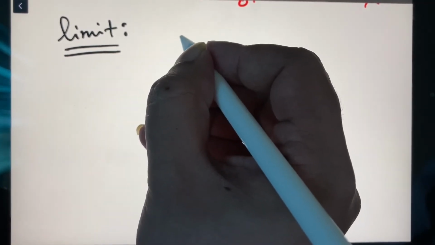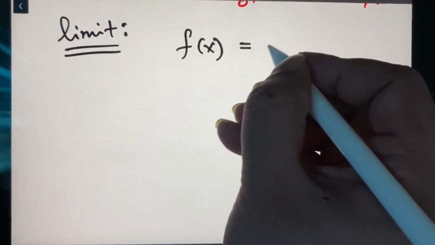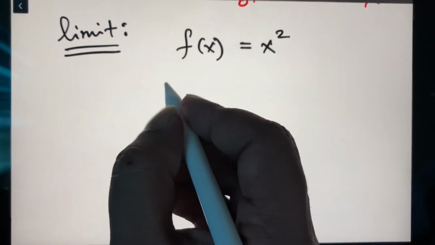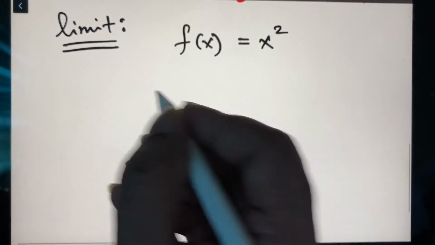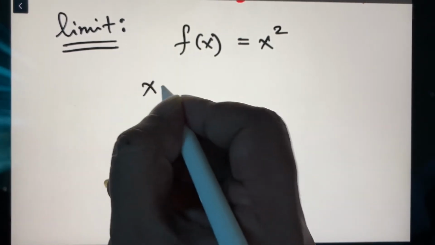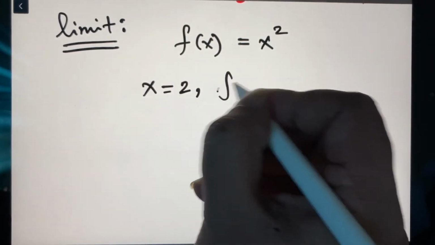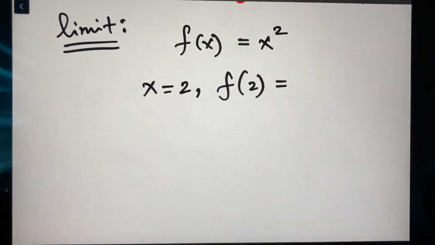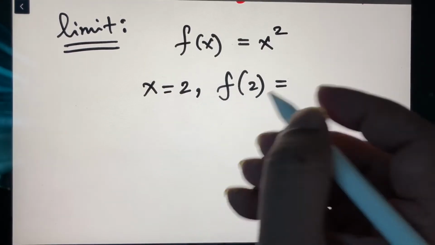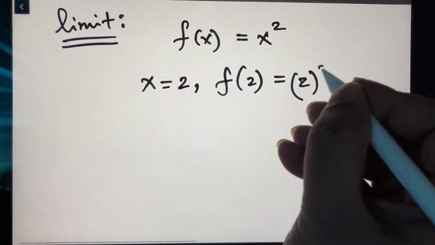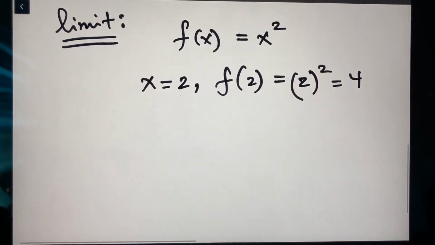So think of it this way: if you have a function like this, f of x equal to x squared. If you know the input value, let's say someone says x is equal to 2, you can actually compute the y value. So f of 2 will be 2 squared, which is equal to 4, right?